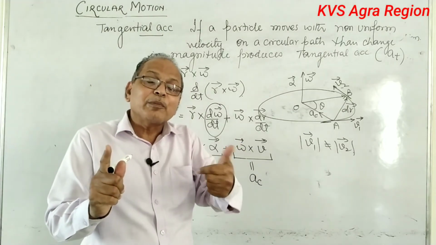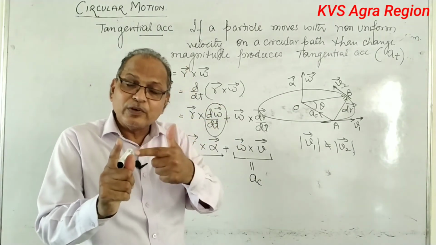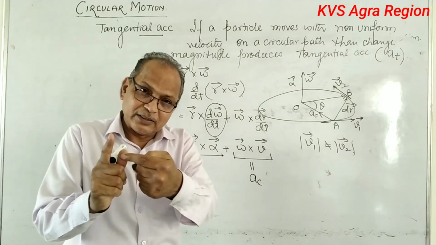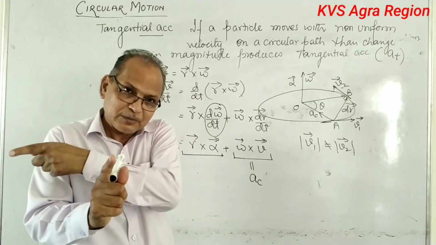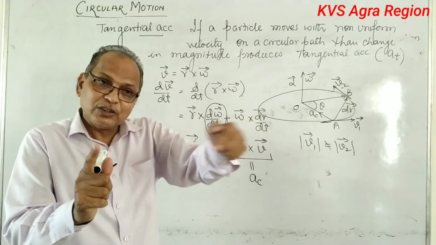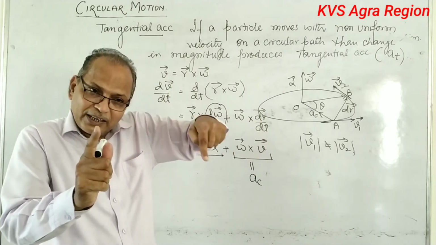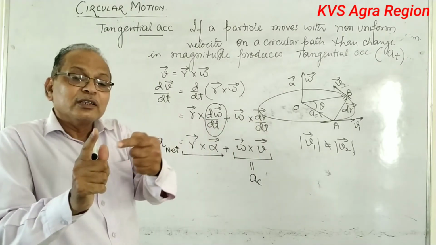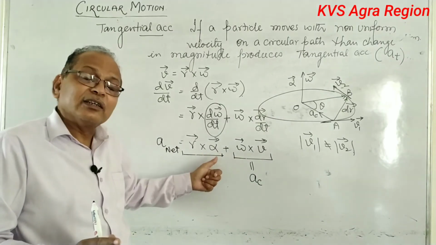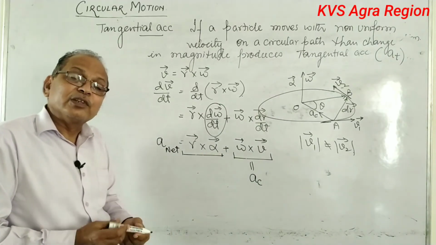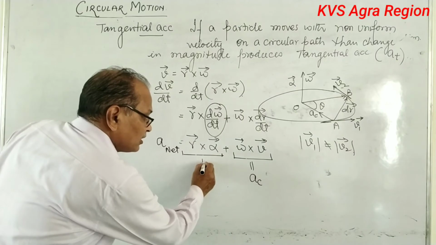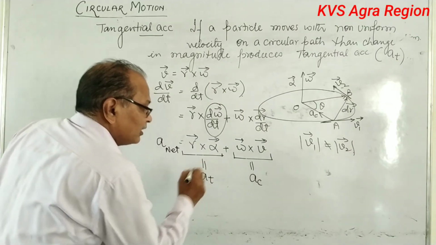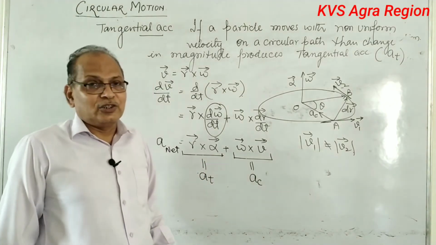The net vector perpendicular to both of the two vectors will be either this or this along the direction of the tangent, because object is moving like this. So the resultant vector of these two vectors is along the direction of the tangent. That's why this is termed as AT, tangential acceleration.